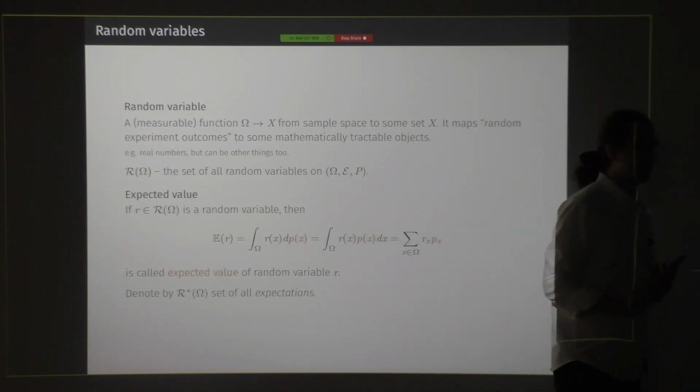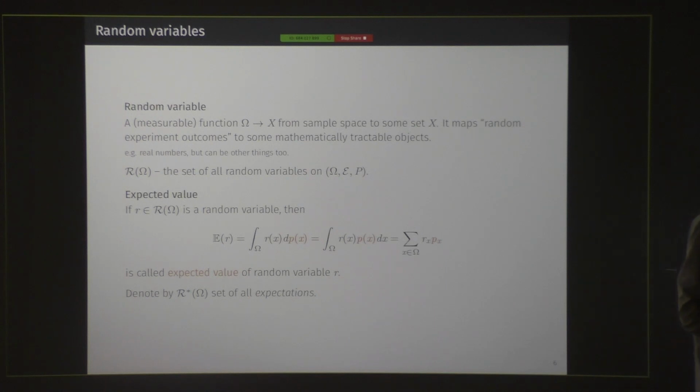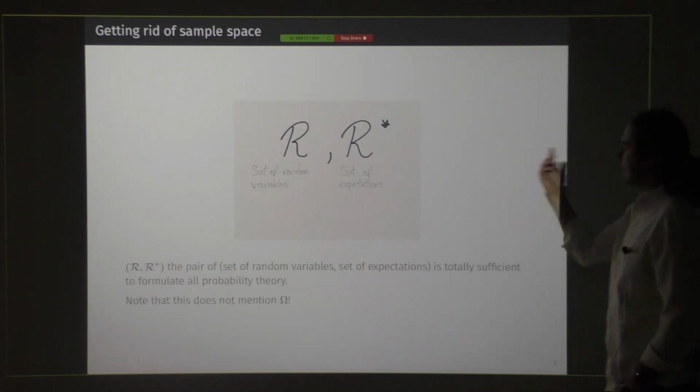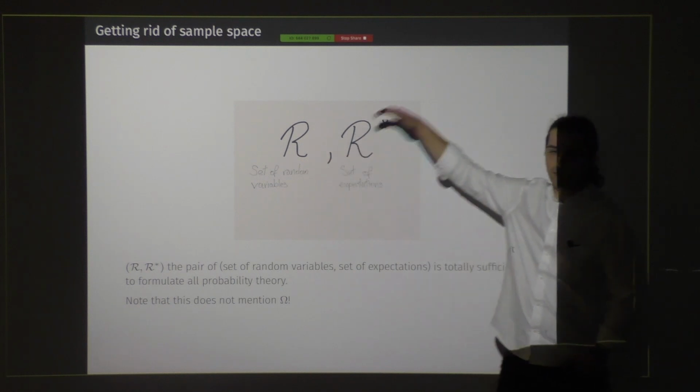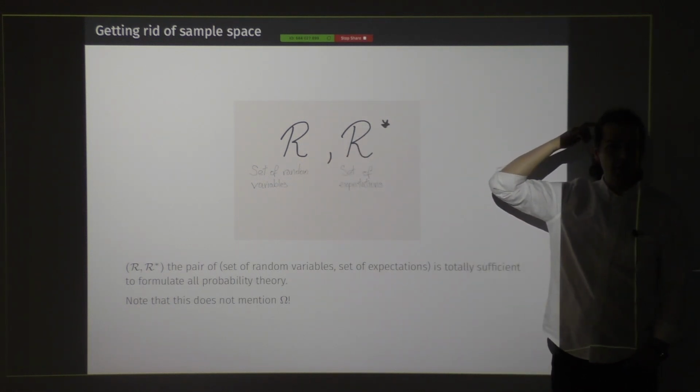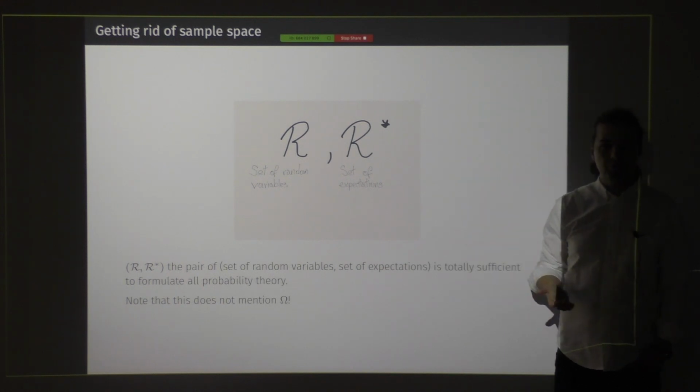Well, but we like functional programming because functional programming likes to abstract things. So it's not worrying us yet. The thing is that those two sets, the random variables and all expectations, this is actually totally sufficient from the mathematical point of view to describe any probabilistic model.